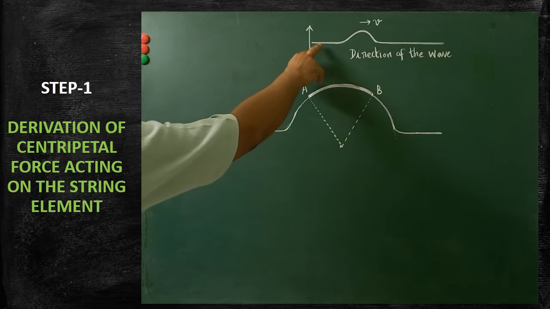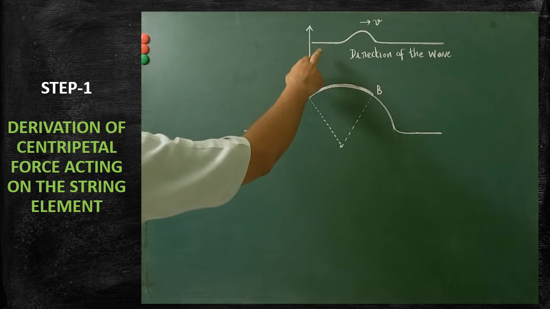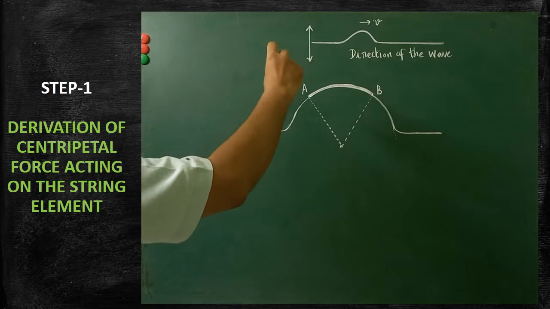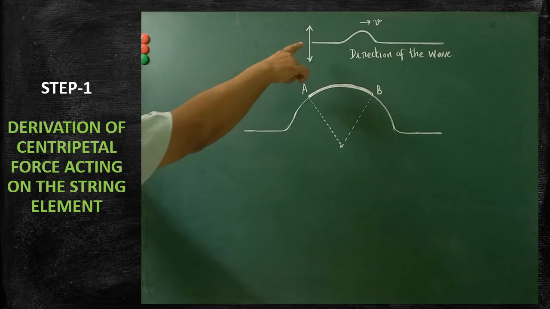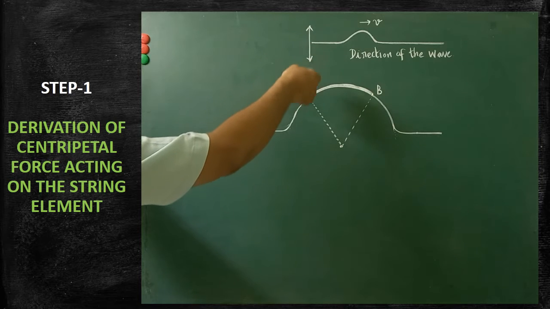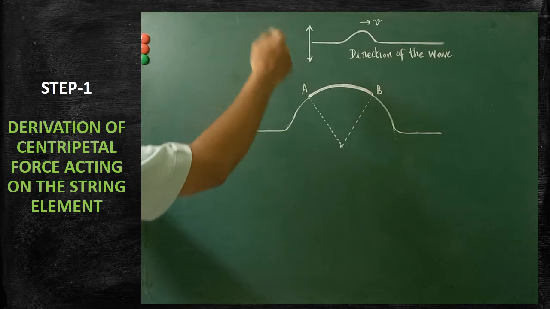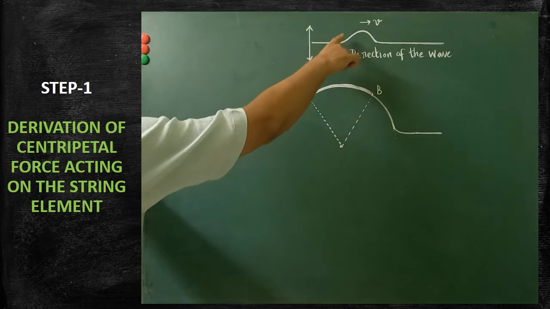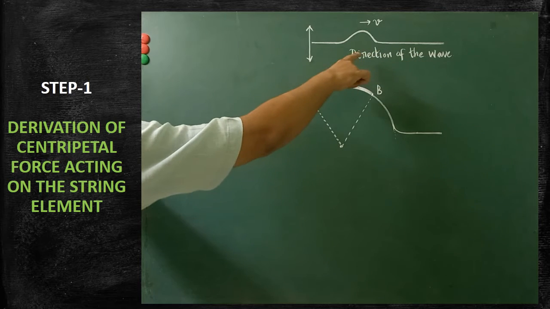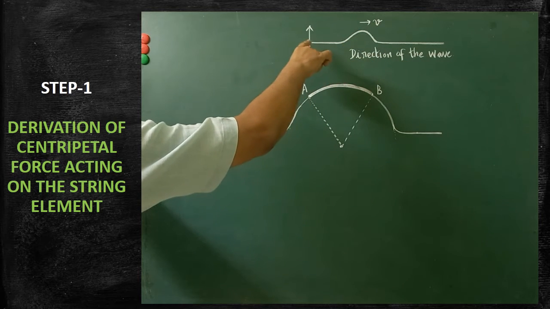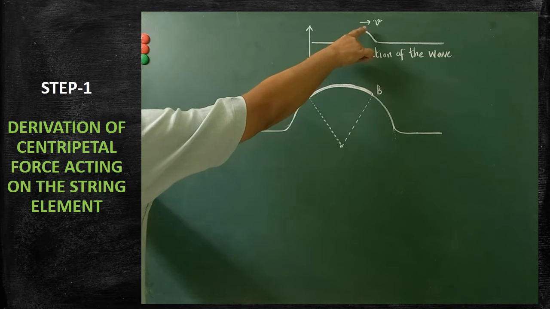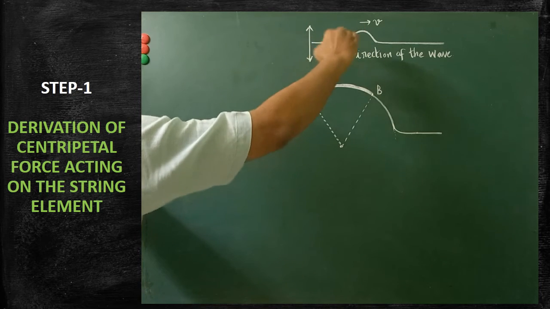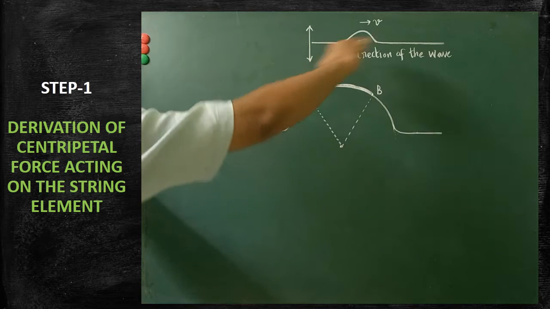Here you have to imagine that it is a string. The animated clipping of the string was already shown. When the string is vibrated, when the string is moved up and down, when it is jerked, what will happen? The wave is traveling in the string in the form of a pulse. You could see the movement of the pulse. That movement of the pulse itself shows that the wave is traveling from left to right.